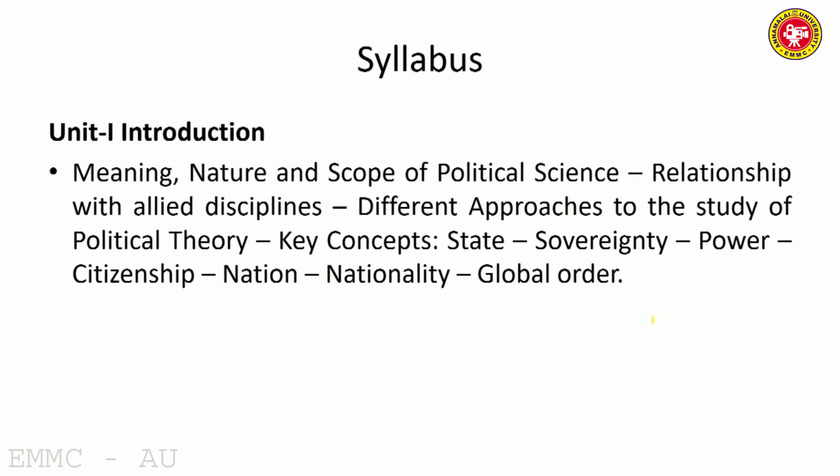In political science we look from different perspectives: what is state, what is nation, what is country, what is society, what is nationalism, what is nationality. Each is closely linked with the others, but a small demarcation is there. So we can look at nation and nationality in a detailed manner.